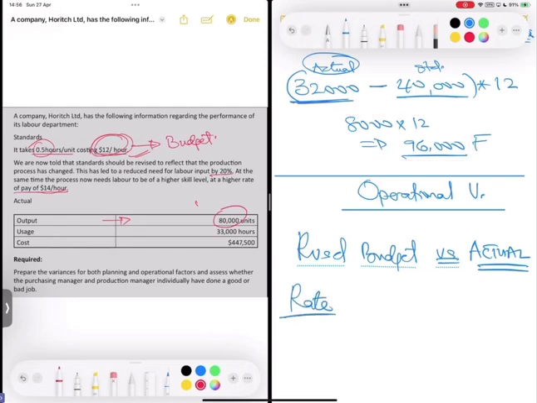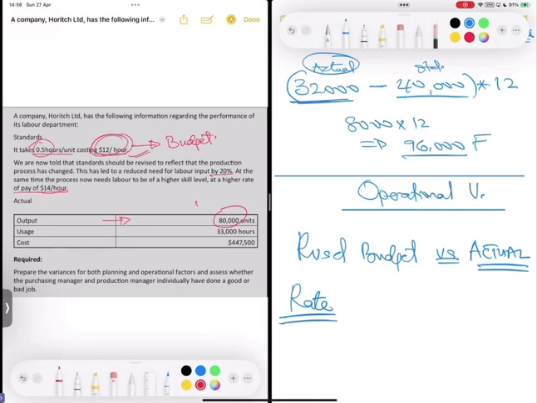Can you guys do rate for me? What do you have? Let's do it together. What do you have for rate? Rate variance for operational variance. First of all, who says it in English for us? We need to keep testing that understanding. Usman, do you want to try to say it in English for rate? Not necessarily for operational variance, but generally for rate.